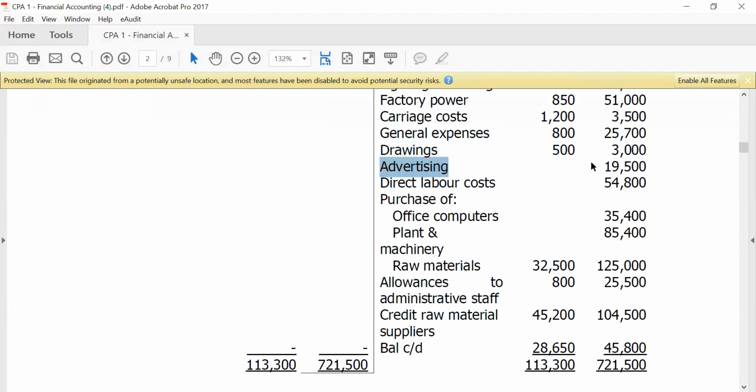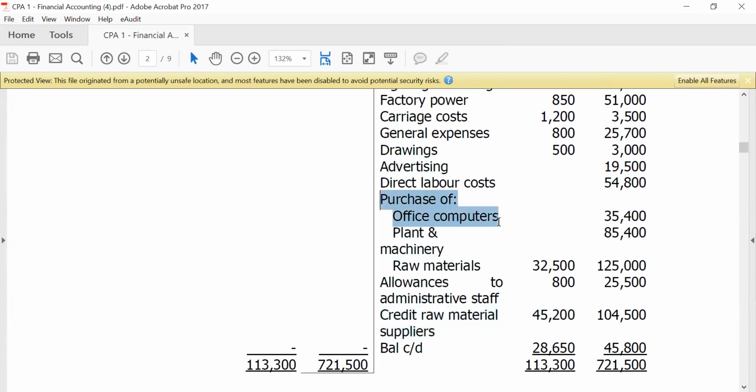Advertising, this is also not for the factory. Direct labor cost, we have already considered it. These purchases, office, computer, plant and machinery, we are going to look at them. Let me see if there's anything else that I could take here. Allowance to administrative staff, no. Credit raw materials, I've already considered this.